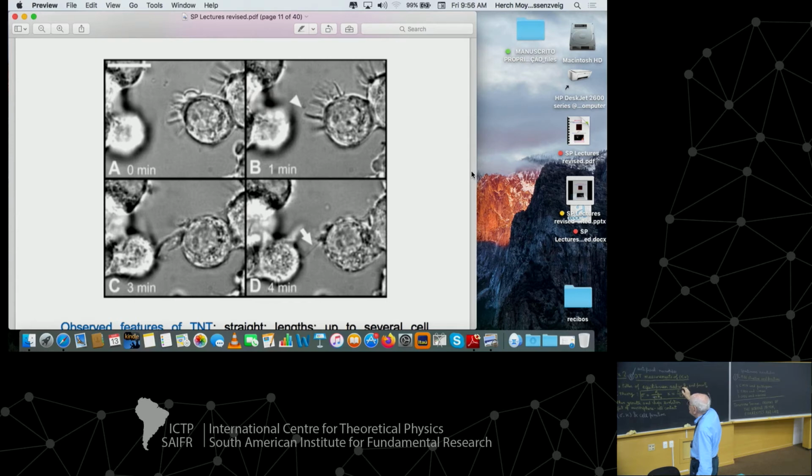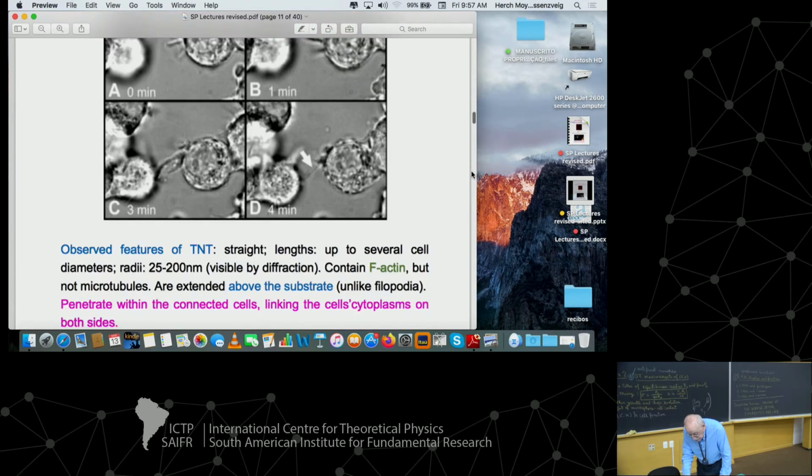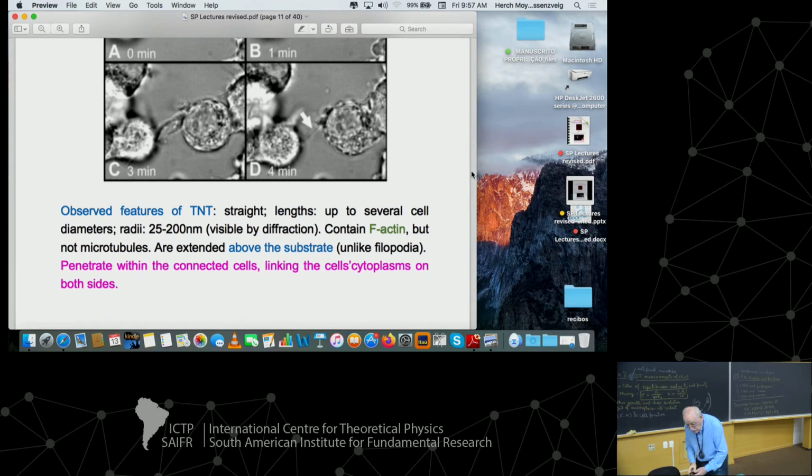And you see that the image of the TNT here is very, very tenuous. Hardly can you see it. I'll comment on this in a moment. Well, in fact, I can explain this immediately.